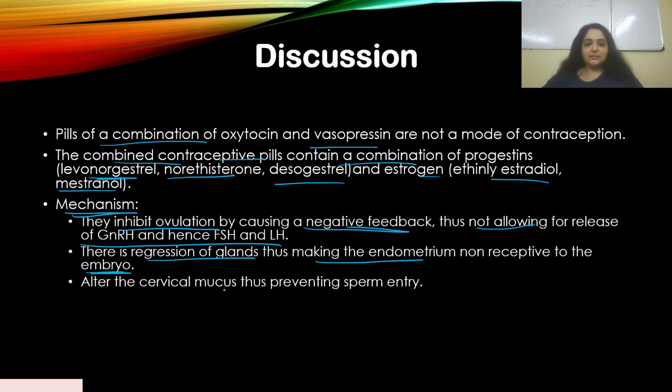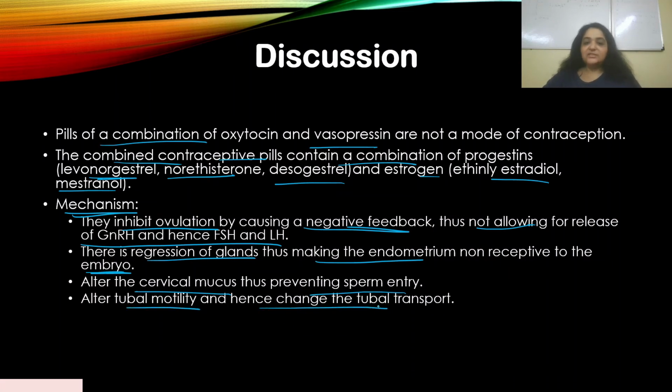Another way is they alter the cervical mucus, thus preventing sperm entry. The cervical mucus becomes scanty, so sperm entry does not happen. They also alter tubal motility and hence change the tubal transport. That also happens in IUDs, but these pills also affect tubal motility. So these are some of the mechanisms by which birth control pills work.